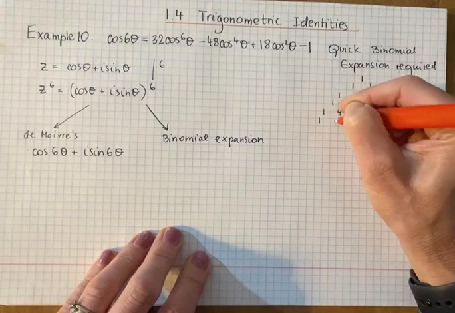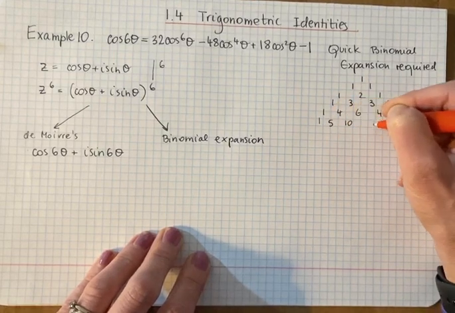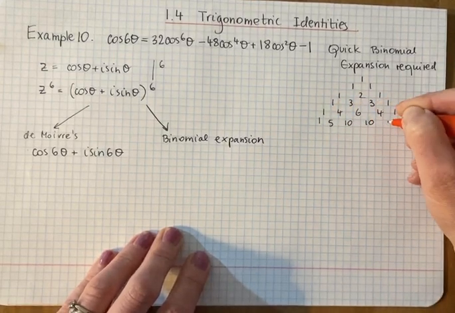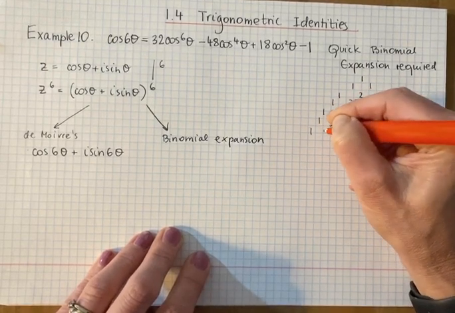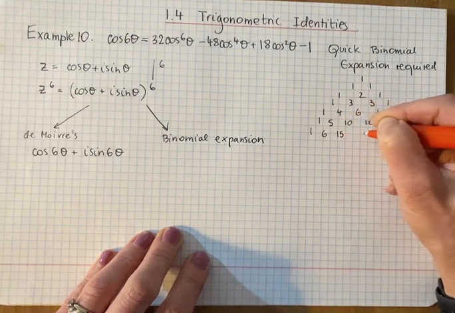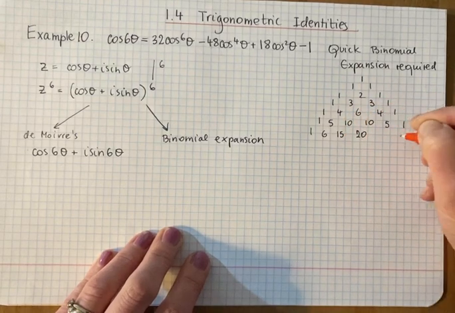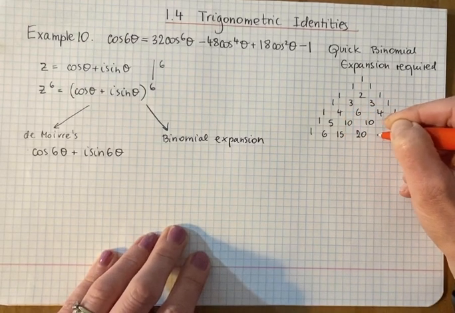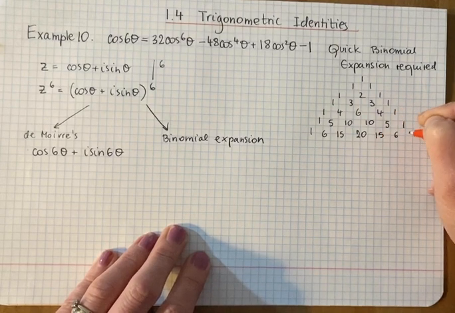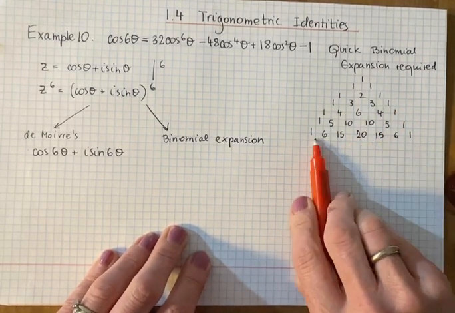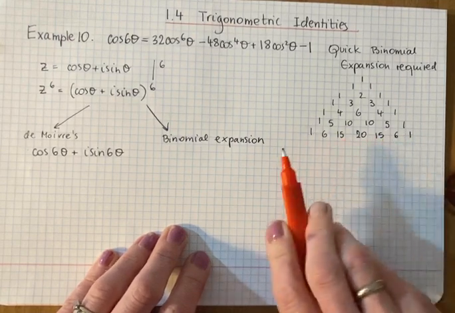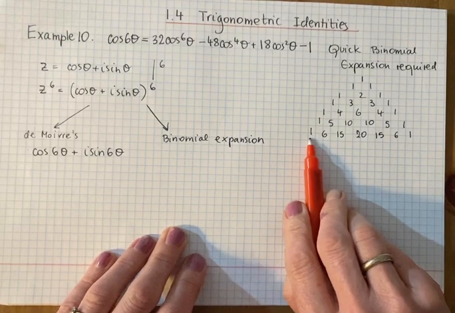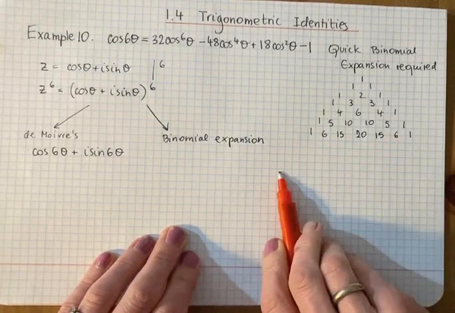It's quite unusual to be asked to raise a complex number to the power of 6, but they do it in the textbook. I think in the exam normally it's to the power of 5 at most. Okay, so we're going to end up with 1, 2, 3, 4, 5, 6, 7 terms. There's always one extra term to what the power is.